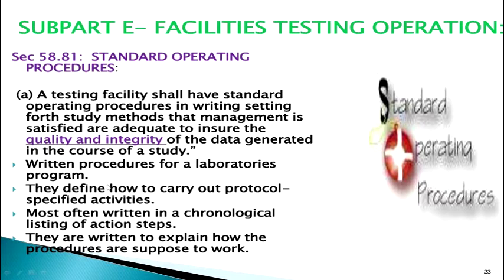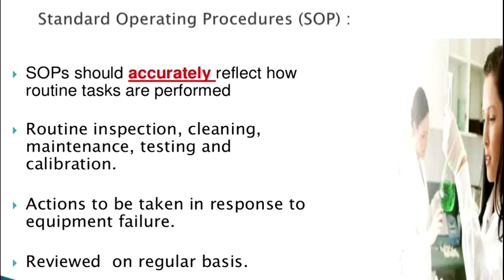They define the procedures in steps or maybe in a flow chart which is understandable by any person, and they are written to explain how the procedure is supposed to work. So they are mainly the written steps to tell you how you're supposed to work. And SOPs should accurately tell you the task.